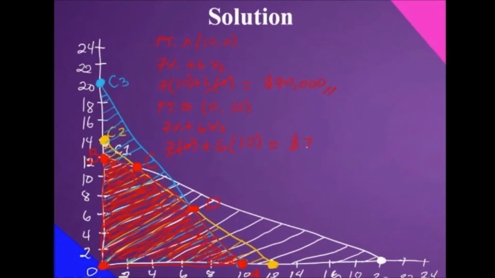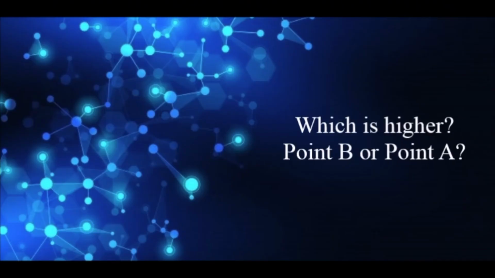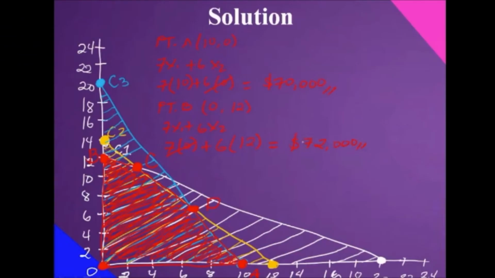Tulad sa una, that is in thousands, so 72,000. Now, which is higher, point B or point A? So, basically, ang mas mataas is yung point B, 72,000.